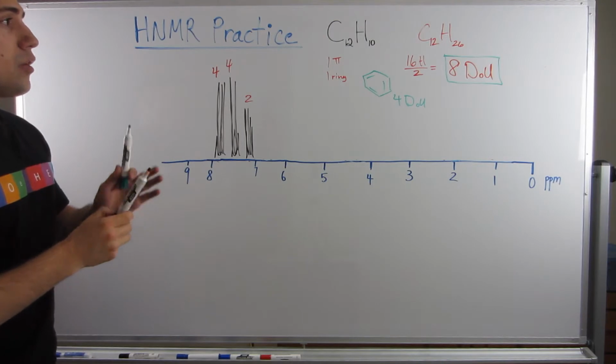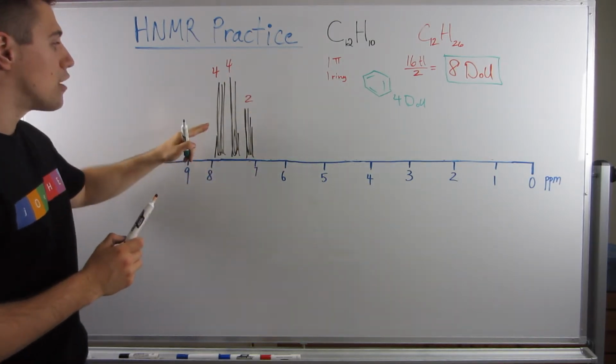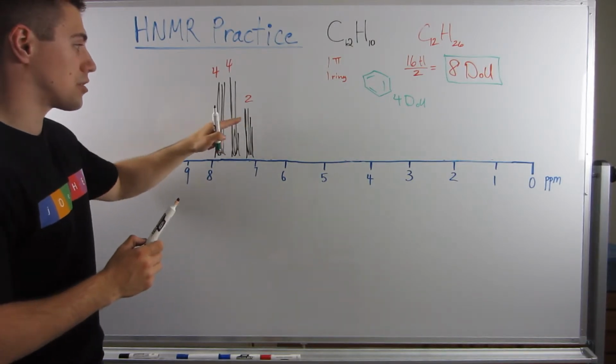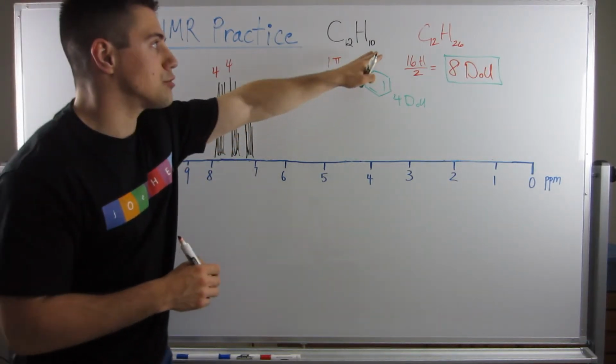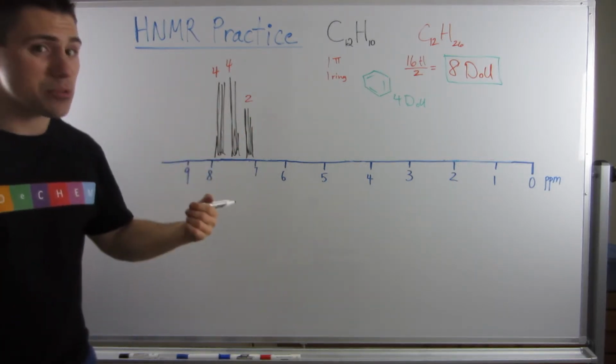So, we have 8 degrees of unsaturation, and paired with the fact that we have 3 signals on our spectrum, meaning all 10 hydrogens are represented by 3 unique positions, right? We're going to have some symmetry involved.